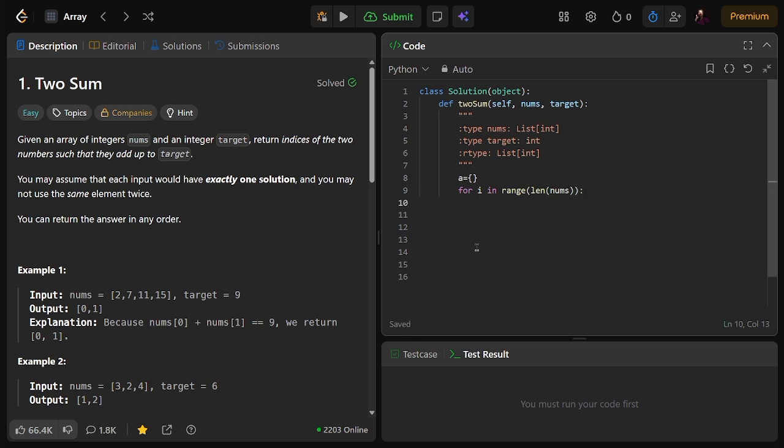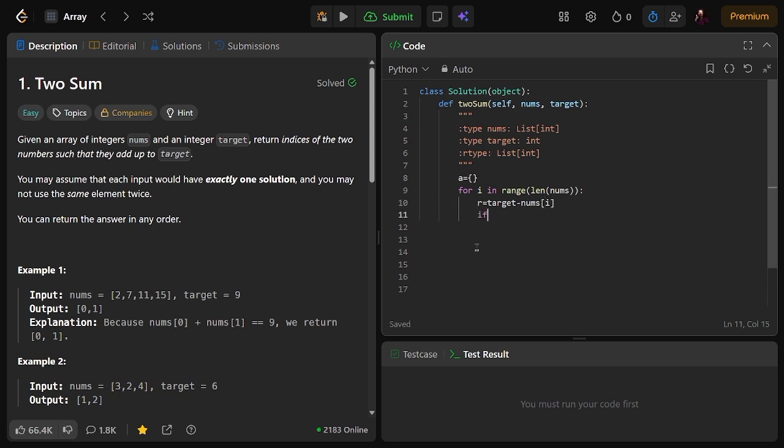And instead of remaining, I'm going to write r equals target minus nums of i, right? As I have explained earlier, we are doing it the same way.